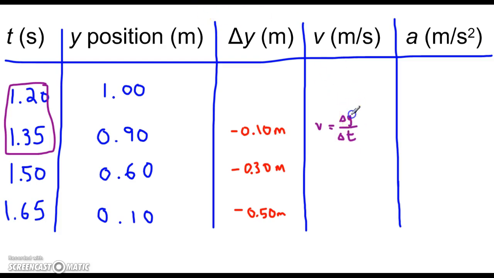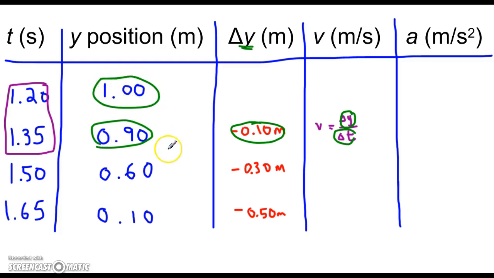Now, the displacement is this. You just found it. The time it took for that displacement to occur, well, we found this displacement by taking 0.9 minus 1. So 0.9 and 1, those two positions were separated by, look at this, 0.15 seconds.